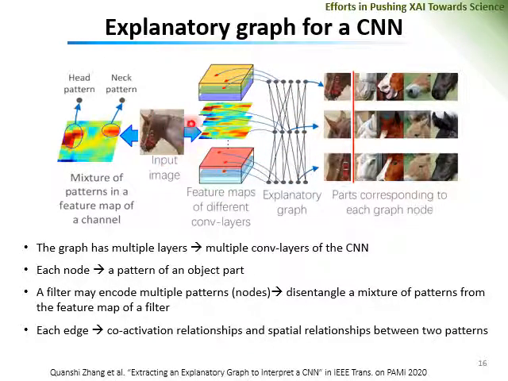Given a certain input image, maybe only 5% of the concepts are triggered. So we can use the graph to assign a certain visual concept to each peak in the feature map, and to explain the semantic meaning behind these neural activations.